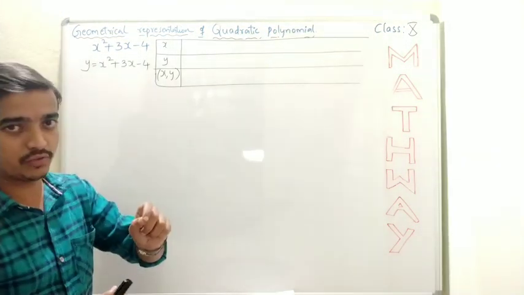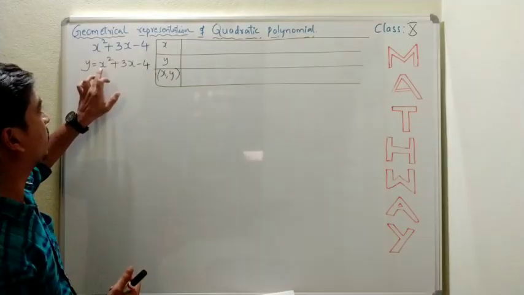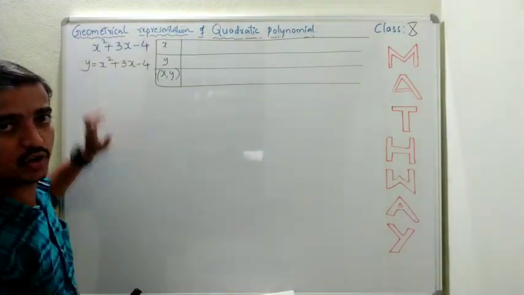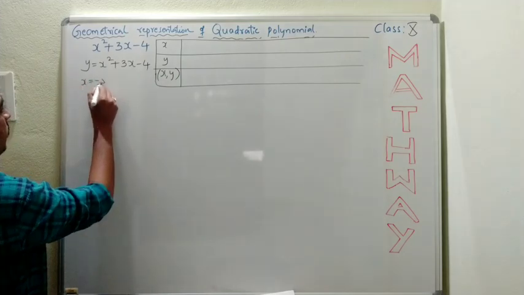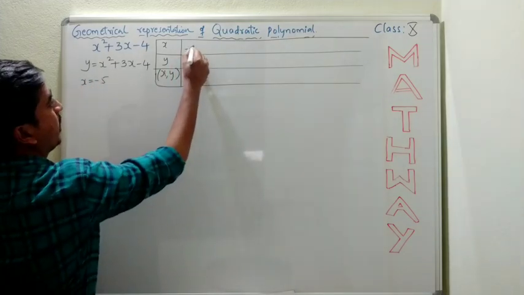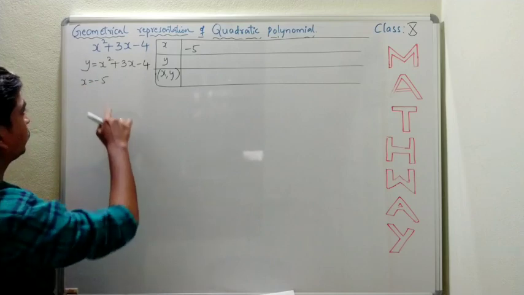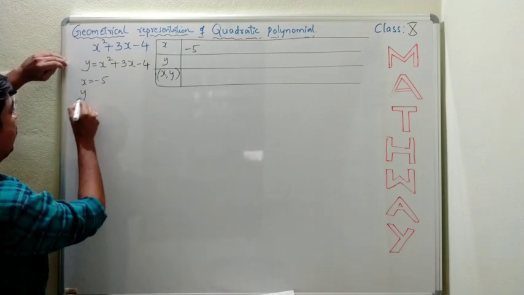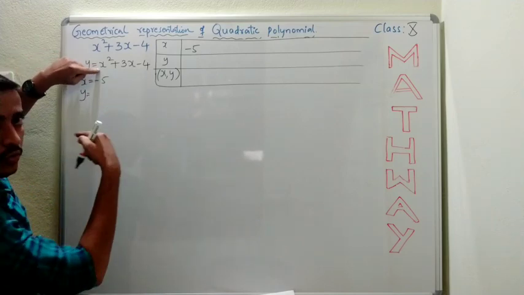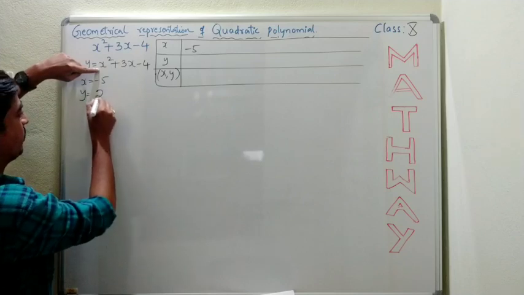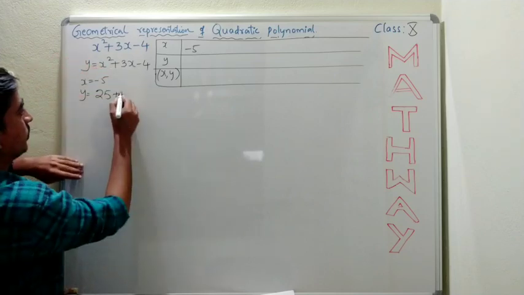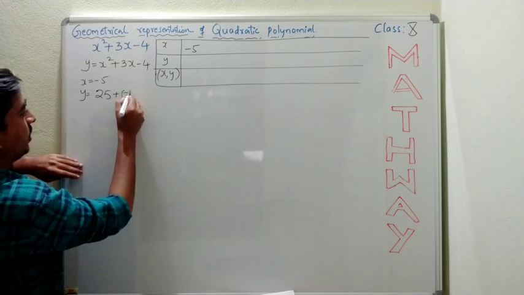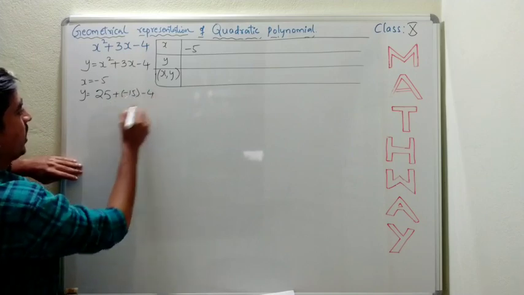So negative 4 is there, right? Now we start from minus 5. Substitute the x value as minus 5. Let's see what the y coordinate is. By substituting, y equals minus 5 whole square, that is 25, plus 3 into minus 5, which is minus 15, minus 4.